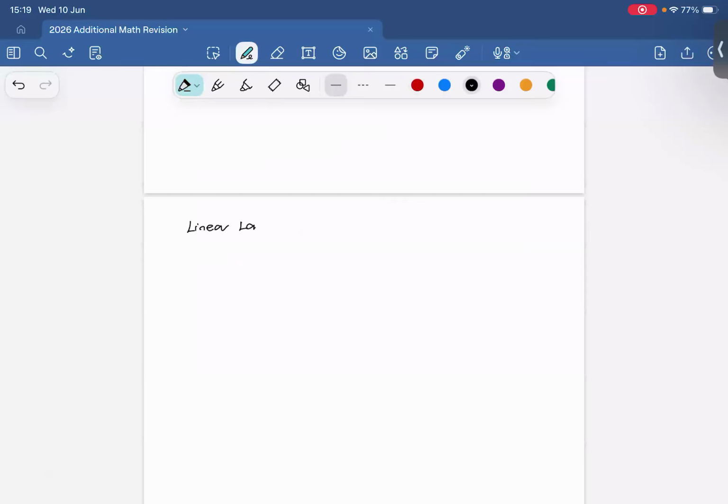Linear law is like, originally you have y equals x squared. If you plot y equals x squared, with your axes being x and y, you will get a curve.